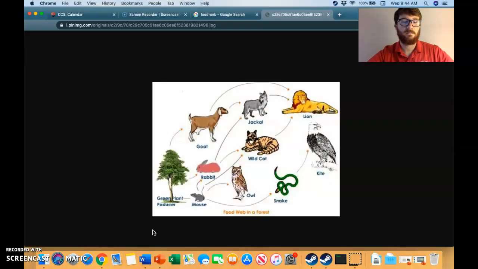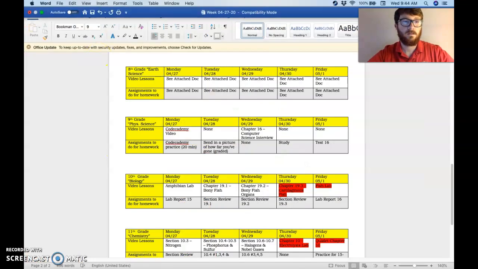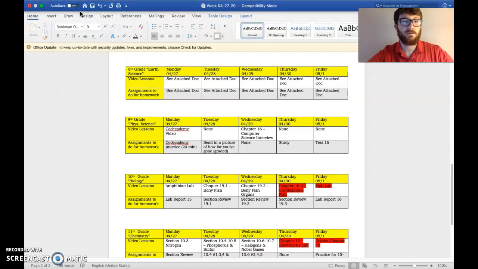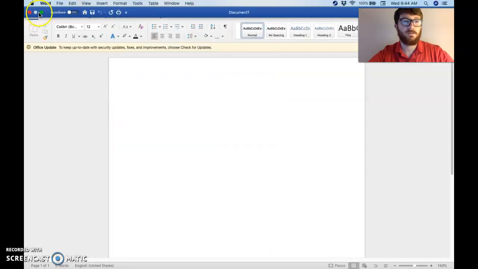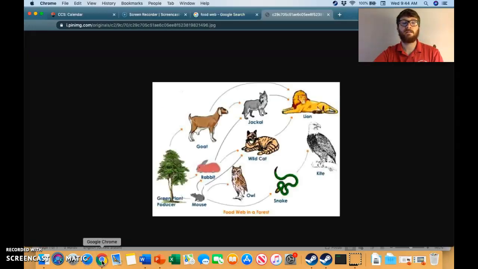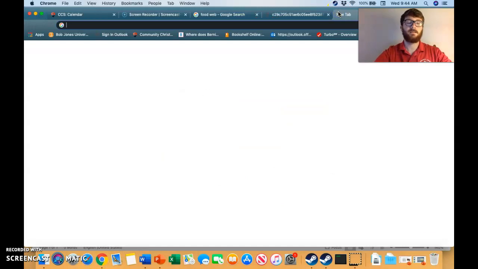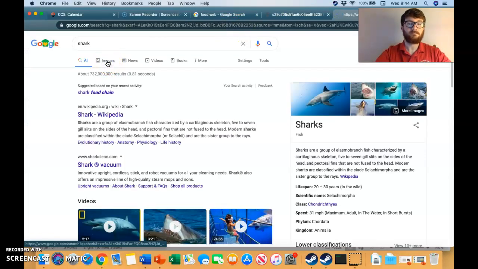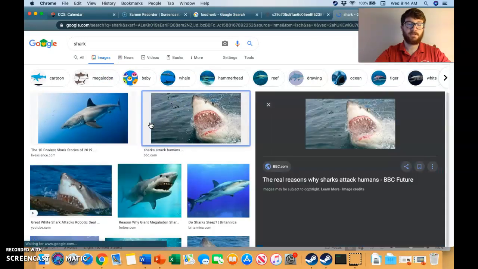I need a new document. There you go. Perfect. And so I have a blank piece of paper, of course, on the internet. And if I wanted to do an aquatic biome, let's say I wanted a shark, I could very easily. Ooh, that's a good picture.